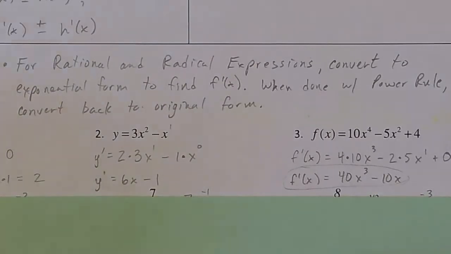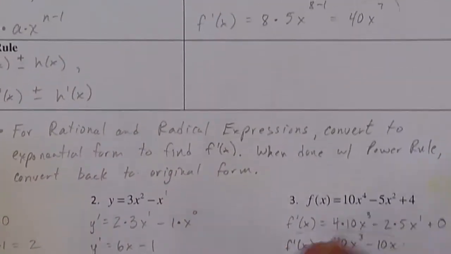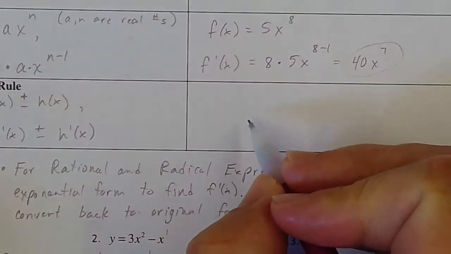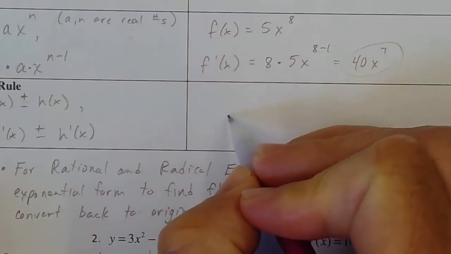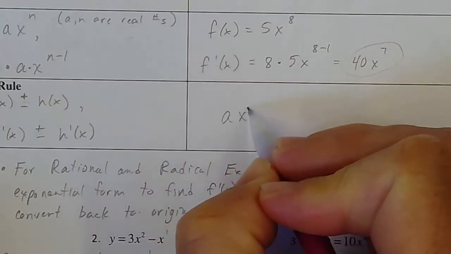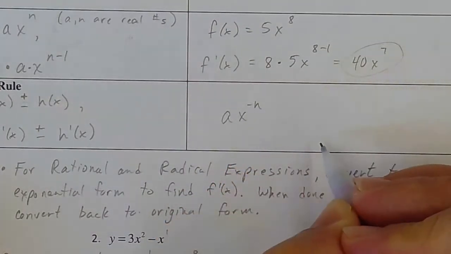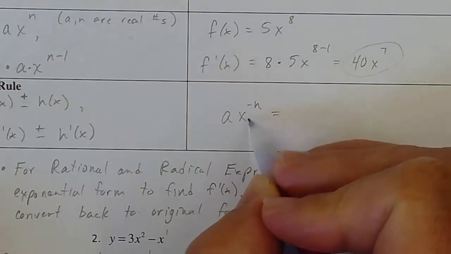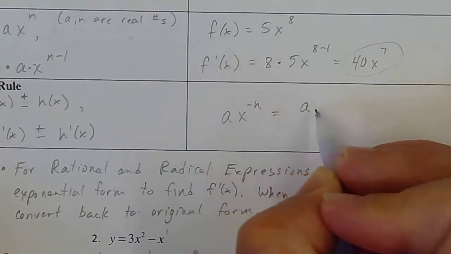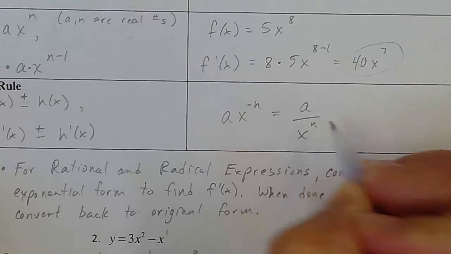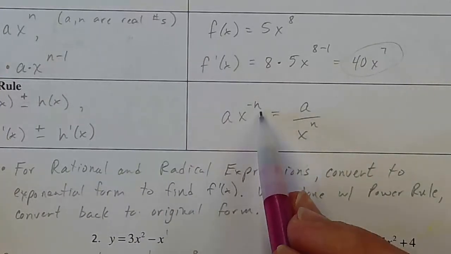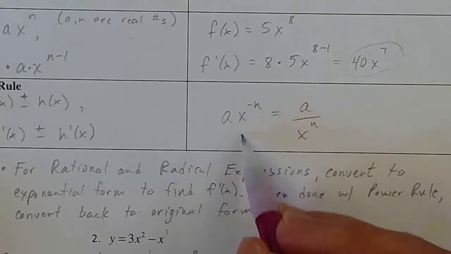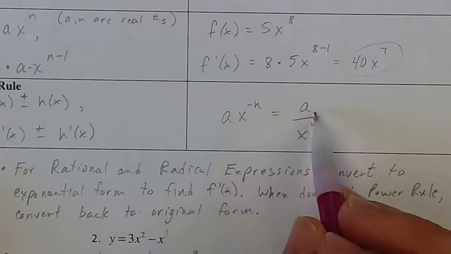All right, here's just the reminder you need on some of these properties. When we have a to the x negative n, remember that the negative exponent is supposed to go in the other part of the fraction. So we do something like this. X to the negative n by itself is 1 over x to the n, but if you have a coefficient here, it stays up there.